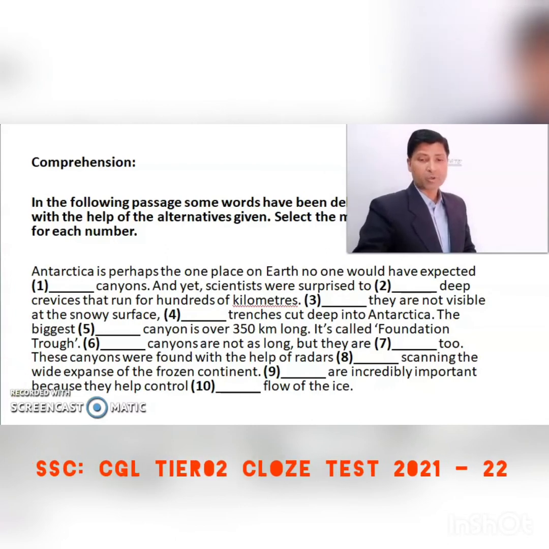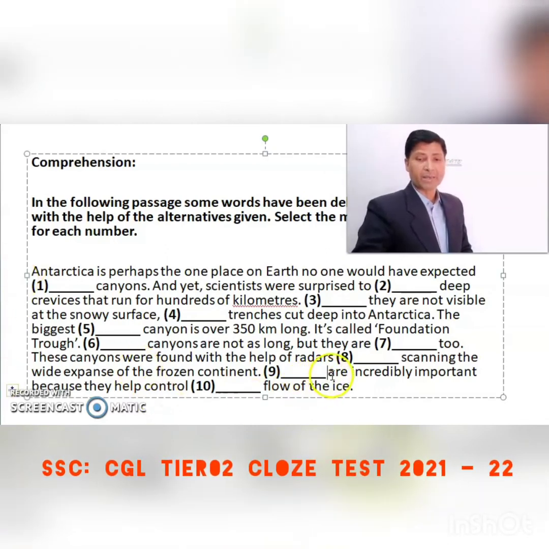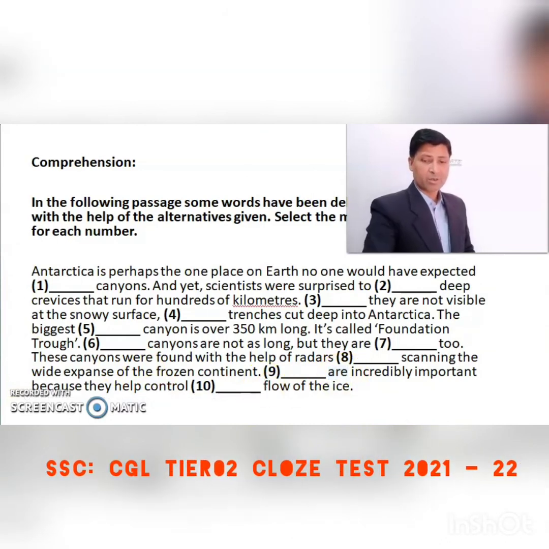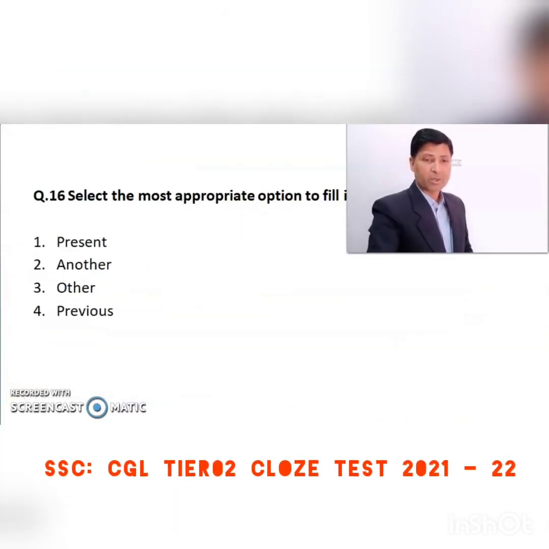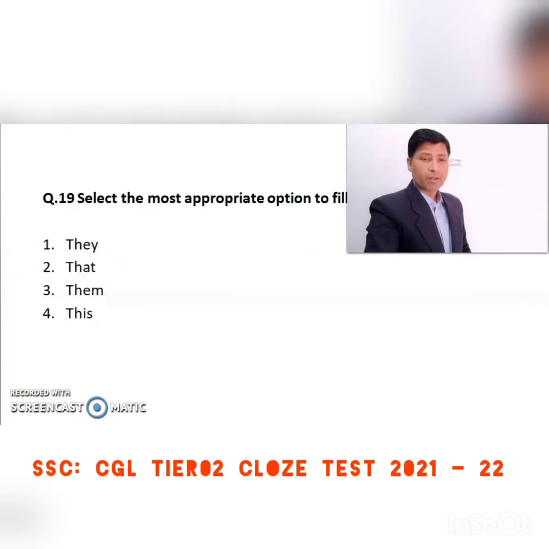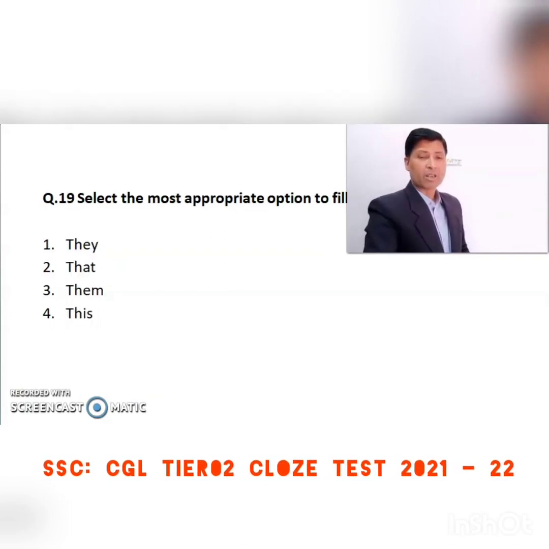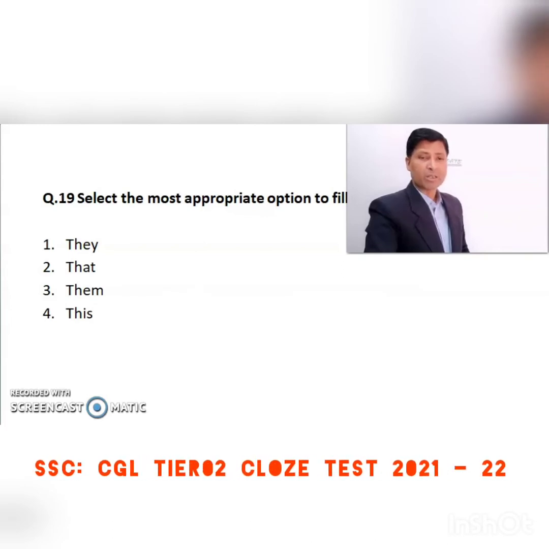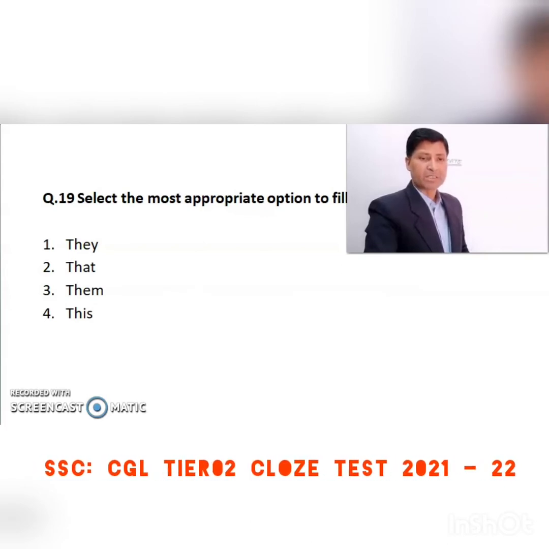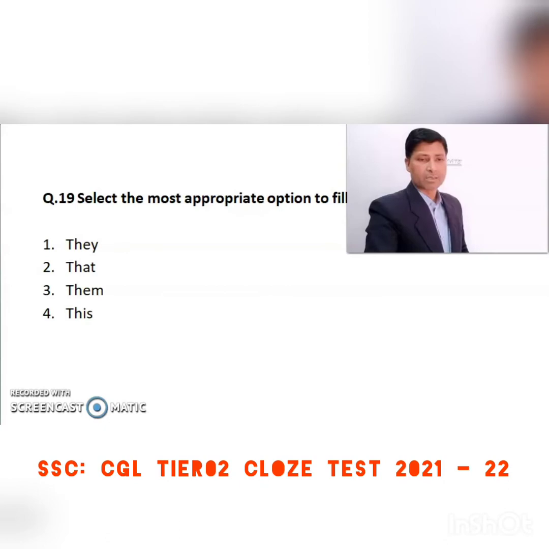Here of course it will be they, because the coming verb is plural, so there should be a plural subject. So what should be the plural subject? They, that, them, this. The correct answer will be they, because this is the only plural subject. That is singular, them is an object, it cannot be the subject, and this is singular.